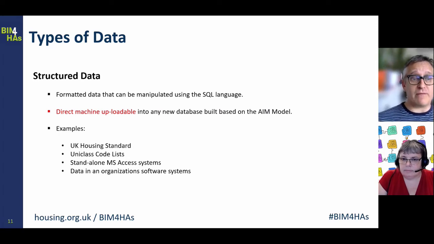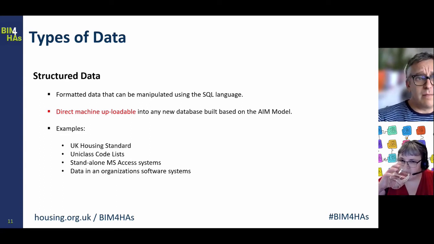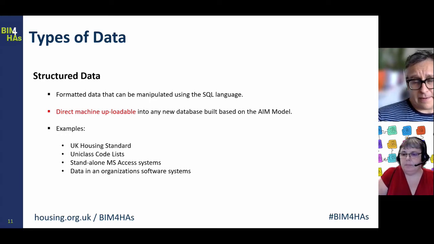Some examples of that are the UK housing standard that was produced by the Housing Association Charitable Trust. Some people call that the HACT standards. It also includes unique class code lists, standalone MS Access systems, and the native data in an organizational software system. What you have in your organization may or may not be SQL, but those are examples of types of structured data.